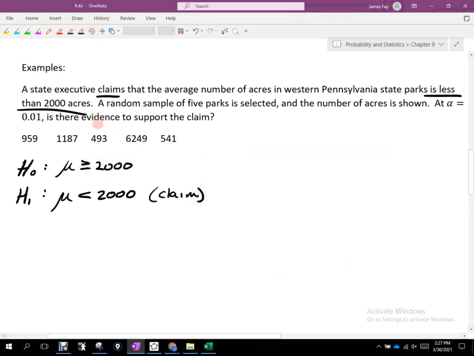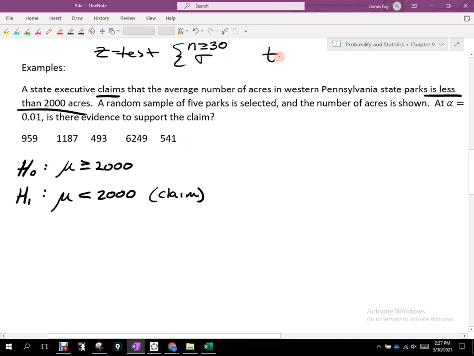Now we have to decide, do we use a t-test or a z-test? Remember, a z-test is going to have n greater than or equal to 30, and we're also looking for sigma to be known.